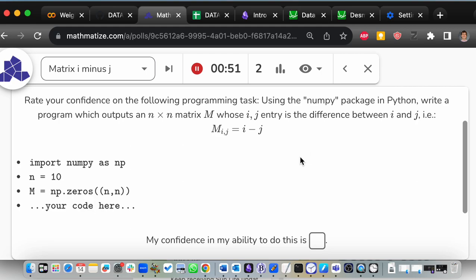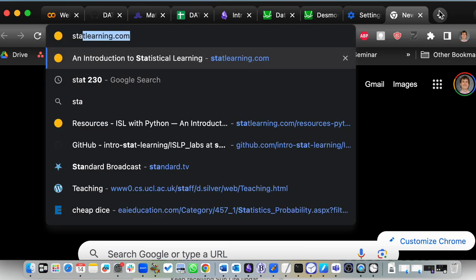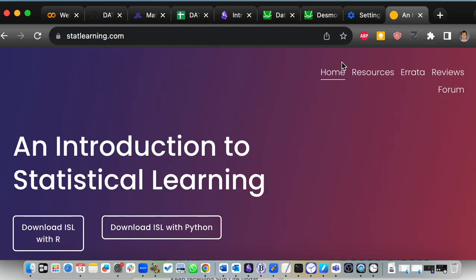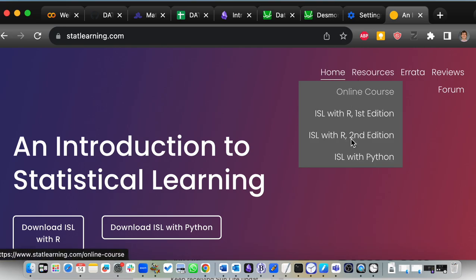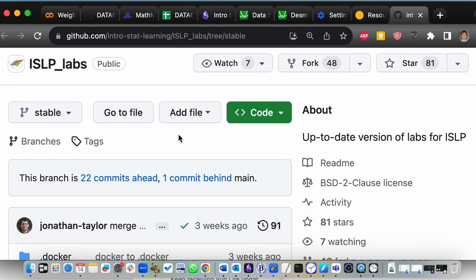The other thing I will say is that the course also has, if we go to the course website for the textbook, statlearning.com, and you go to resources, ISL with Python, and you click on notebook files on GitHub, it has these labs.